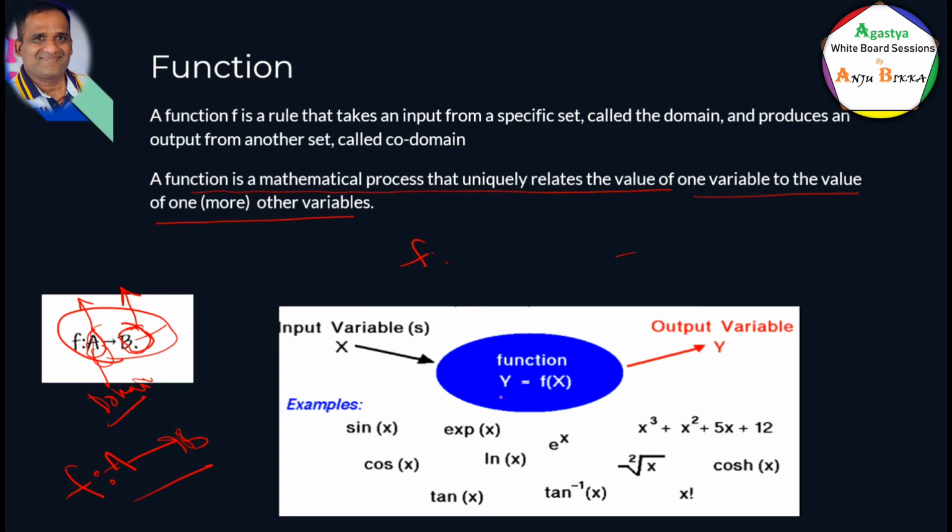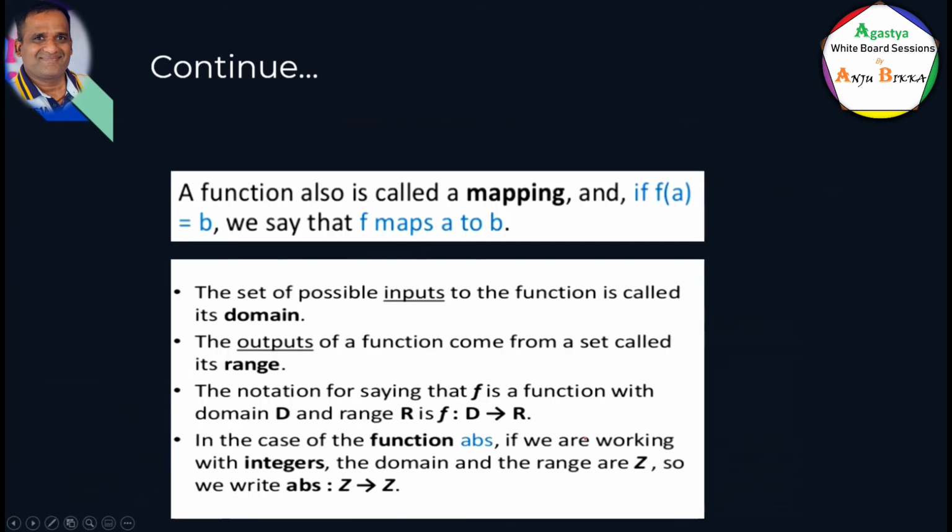Again, we write y equals f of x, where x is the input variable, y is the output variable, and the function is f. Examples of functions are sin x, cos x, tan x, exponential; these are different mathematical functions.